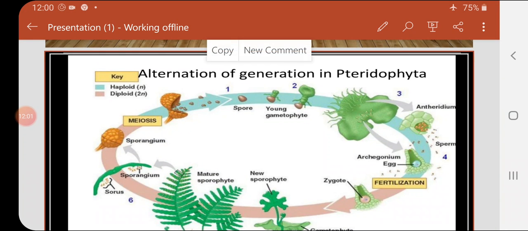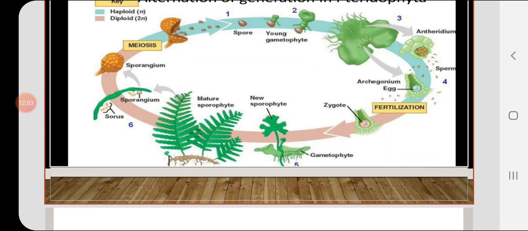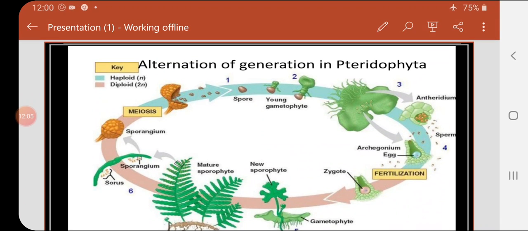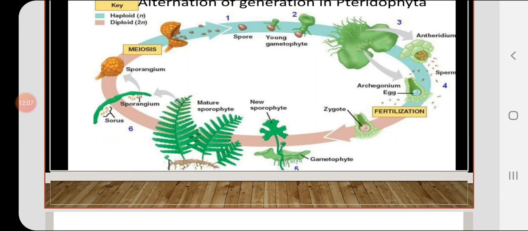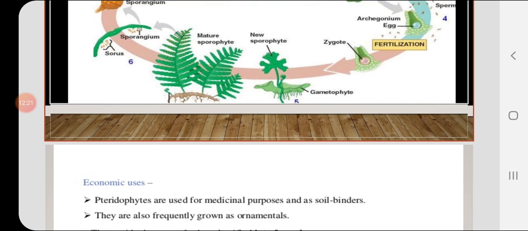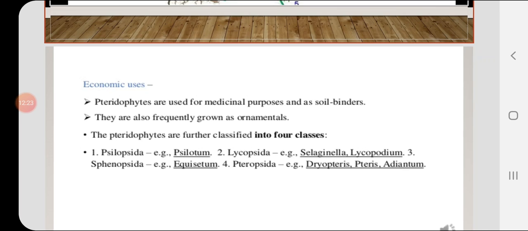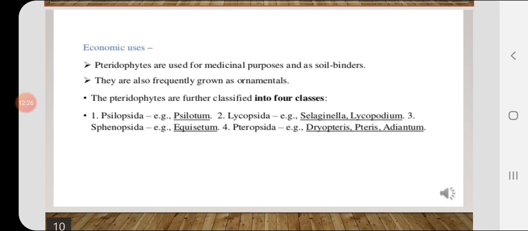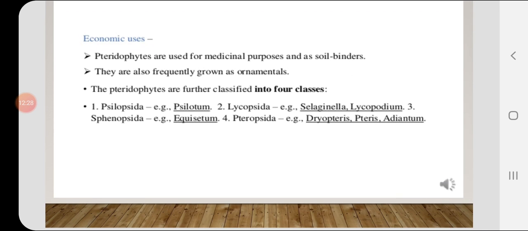So it continuously shows alternation of generation. The sporophyte produces spores, they produce the gametophyte, the gametophyte produces gametes, and the union of gametes produces the new sporophytes.